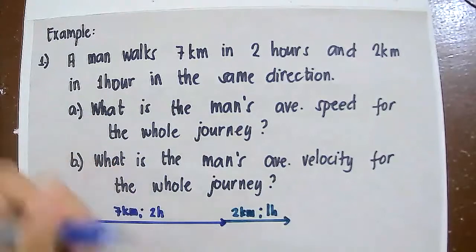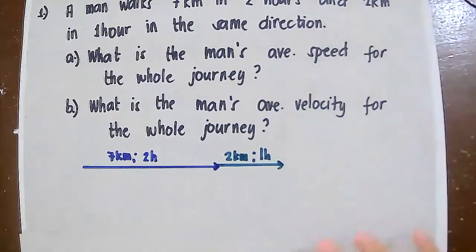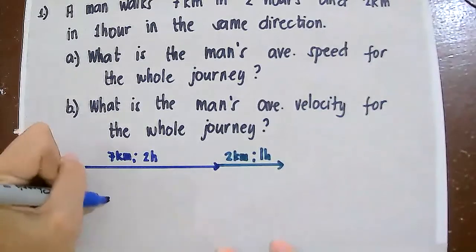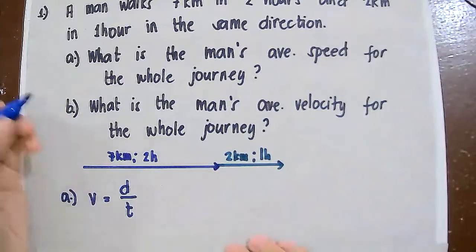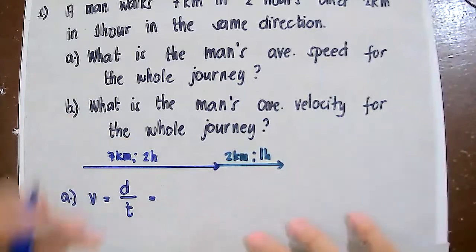So, yes. Now, how to solve your speed? We'll start with your formula. For letter A, your speed is v equal to your distance over time, or the time it took for the man to walk his whole journey.